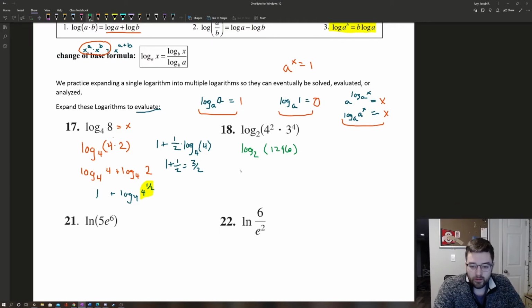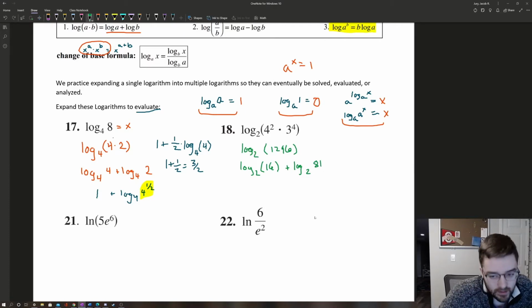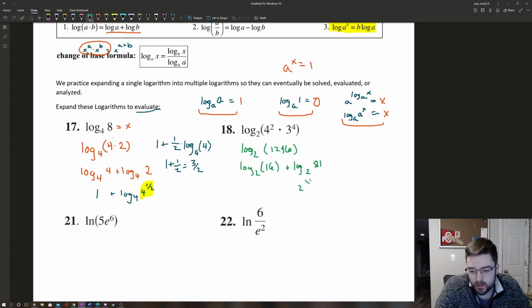So we're going to instead split this into log base 2 of 16 plus log base 2 of 81. And now it should be apparent why we can't find a good exponent for this. We can't say 2 to the x is equal to 81 for this side. We can't find anything that good.